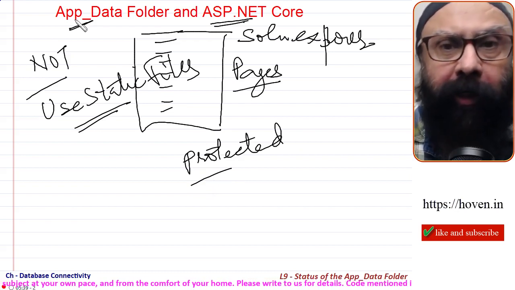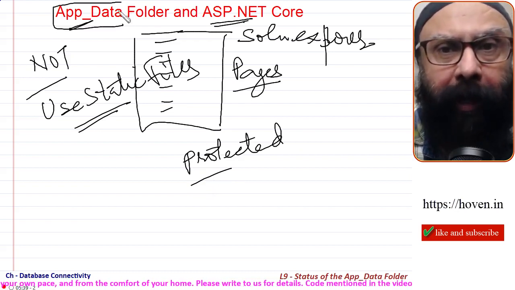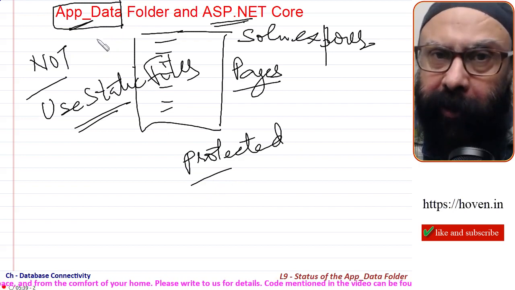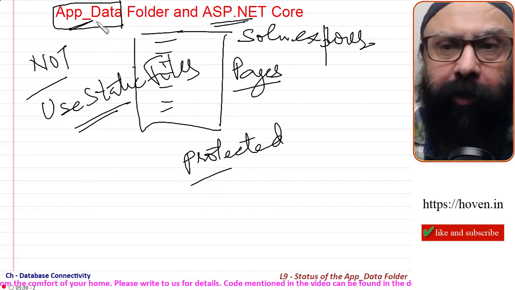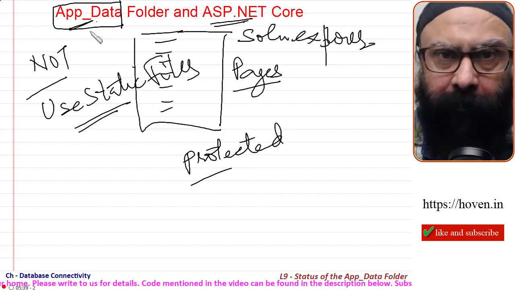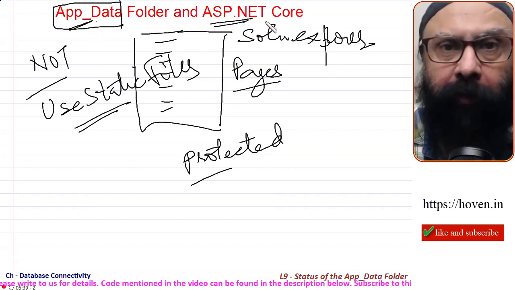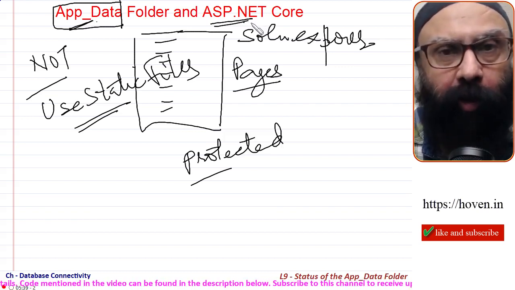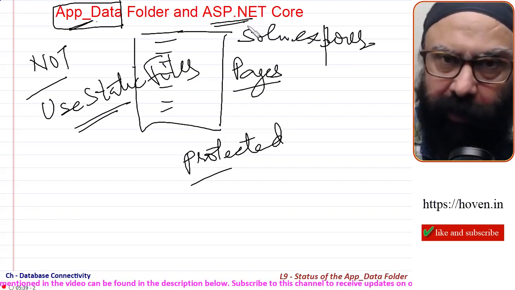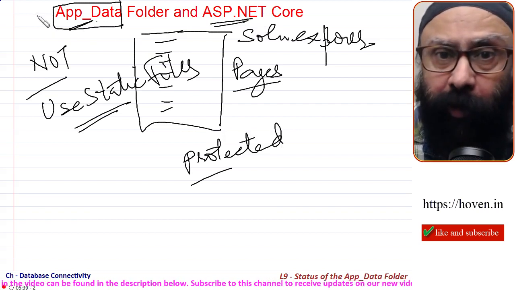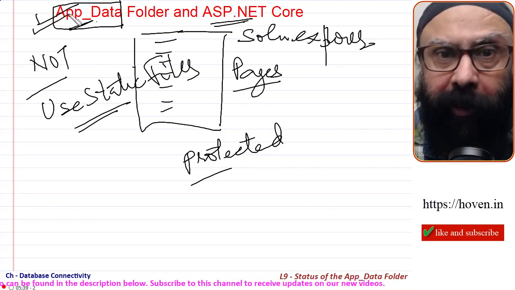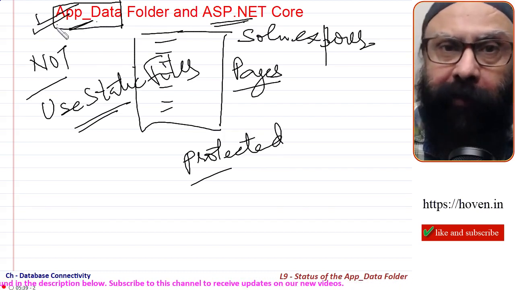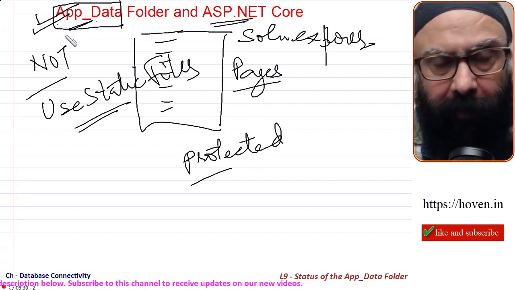So we do not need a special name called app_data, and therefore this app_data folder does not have the same status in ASP.NET Core as it used to have in classic ASP.NET Web Forms. So if you are looking for this folder in ASP.NET Core, you will never find it.